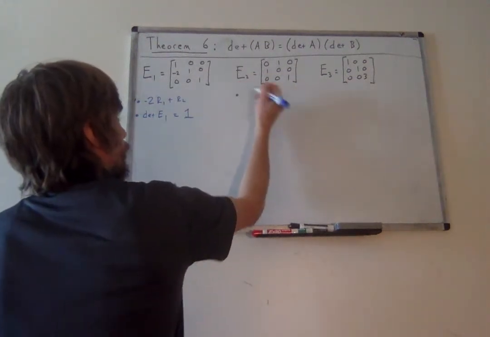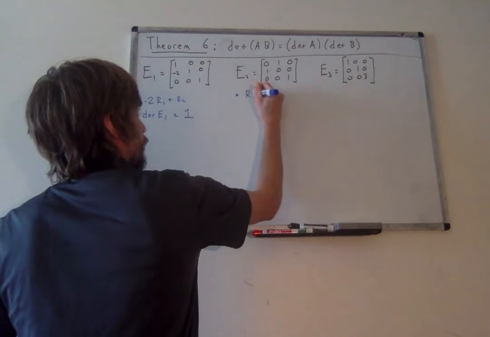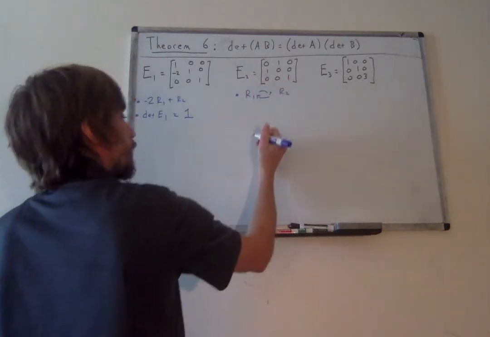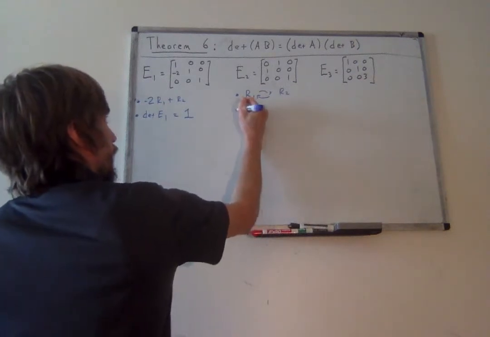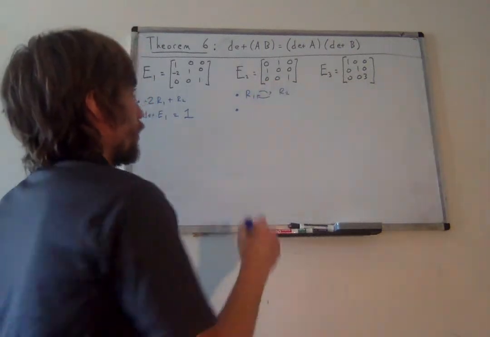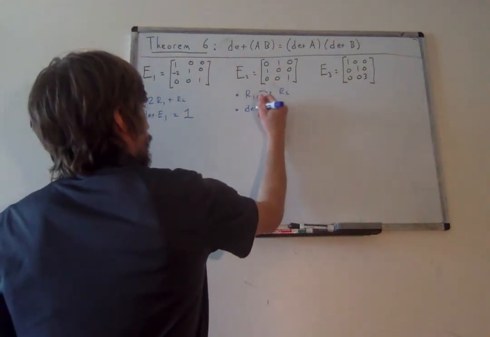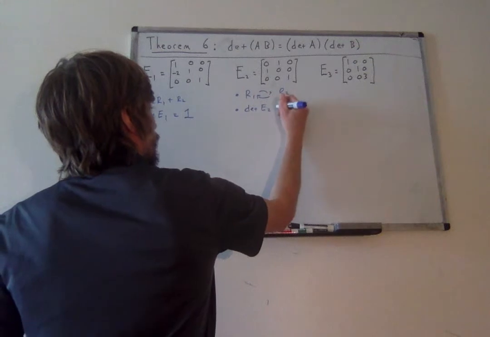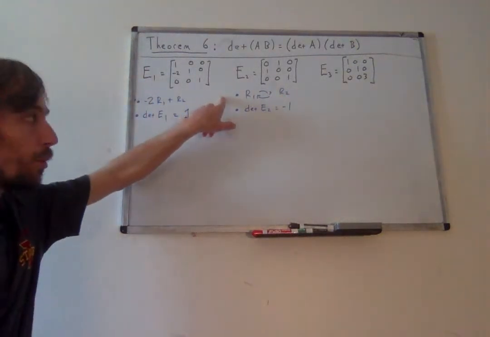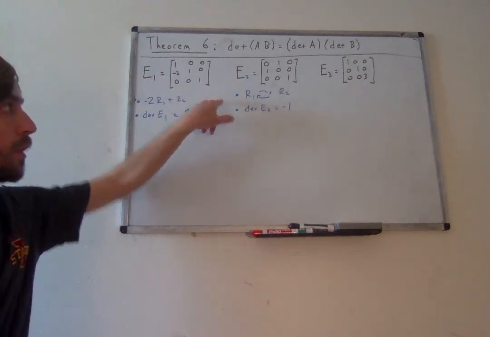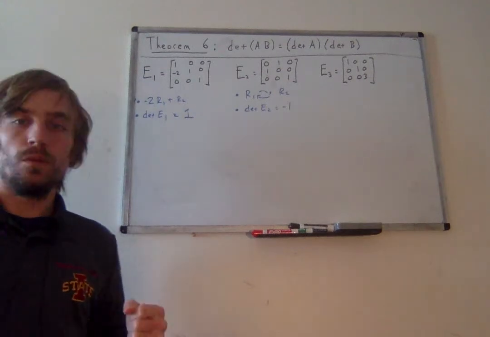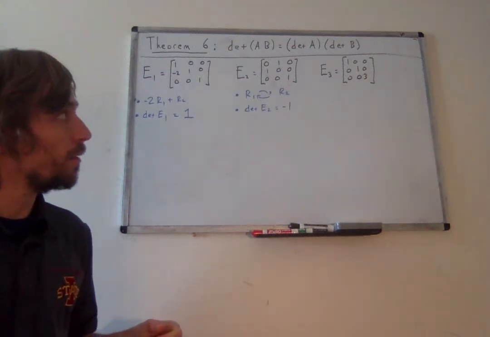Remember, this corresponds to the row operation of row 1 swapped with row 2. This one would take a little more work, but if you expand across the 3rd row, you could get that the determinant of E2 is equal to -1. And remember, this row operation of swapping row 1 with row 2 tells us, in relating determinants to row operations, to multiply the determinant by -1.